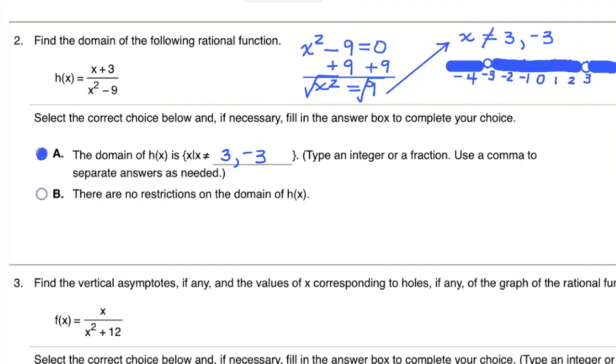So in order to write this in interval notation, we actually have 3 sections to describe. The first section is from -infinity up to -3, round bracket, union, -3 to 3, union, and the last section is from 3 to infinity. That's how you would write this one in interval notation.